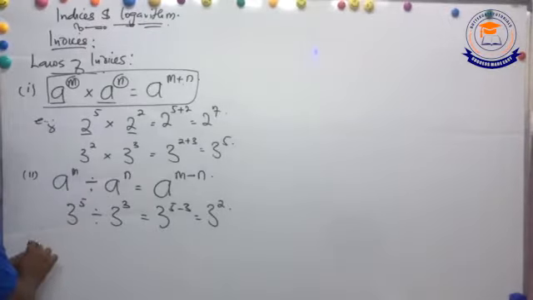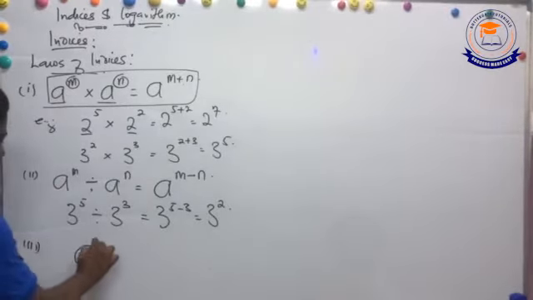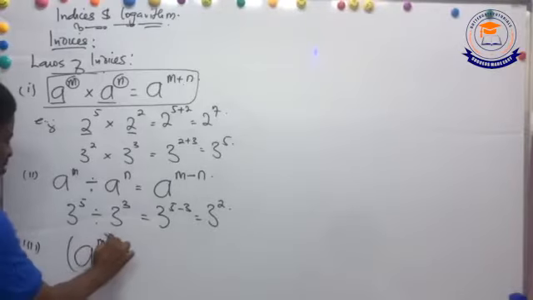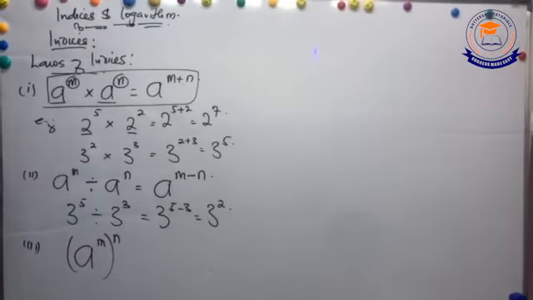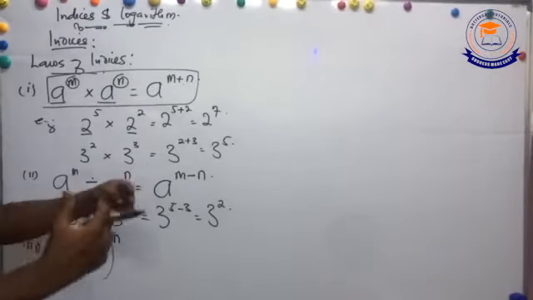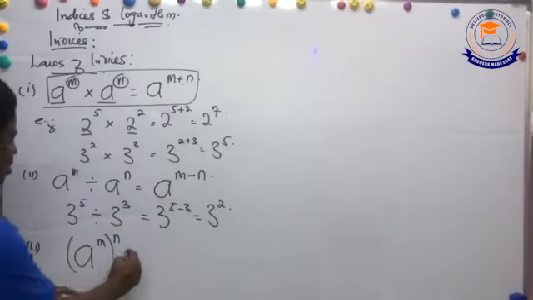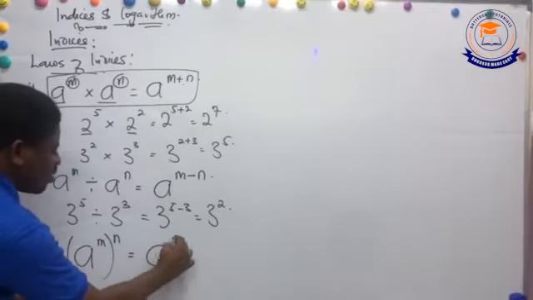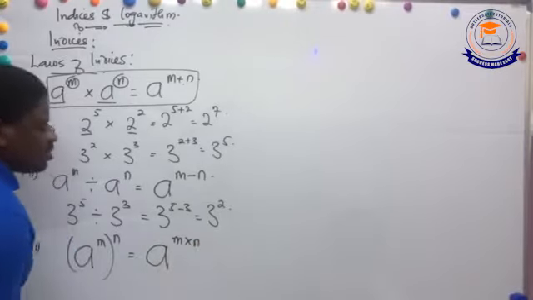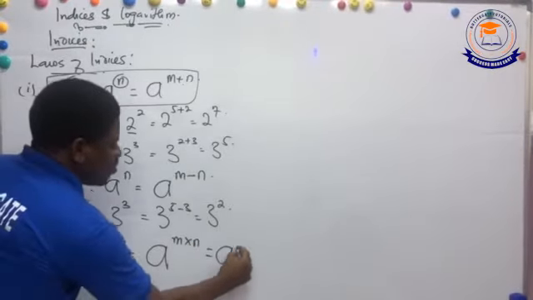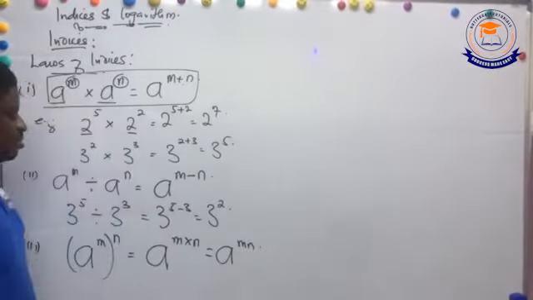The third law is that a raised to the power of m, all raised to the power of n. This is a power into a power. The law says that it is a raised to the power of m multiplied by n, which is a raised to the power of mn.